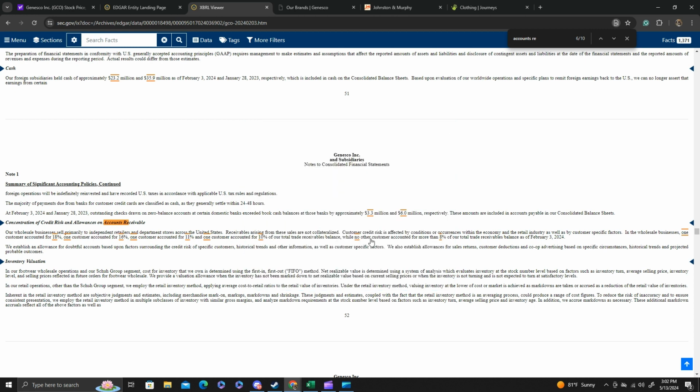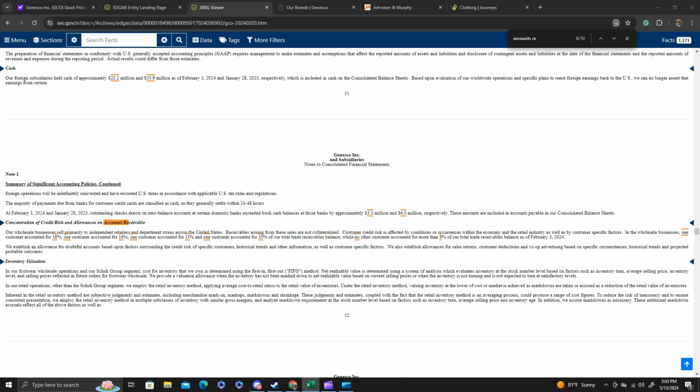Receivables, we want to see. Okay, here's the risk. One customer accounted for 18%. That is huge. I'll tell you why in a minute, so let's put that down. 18%. And the other one accounted for 16, and another one accounted for 11, and one accounted for 10.